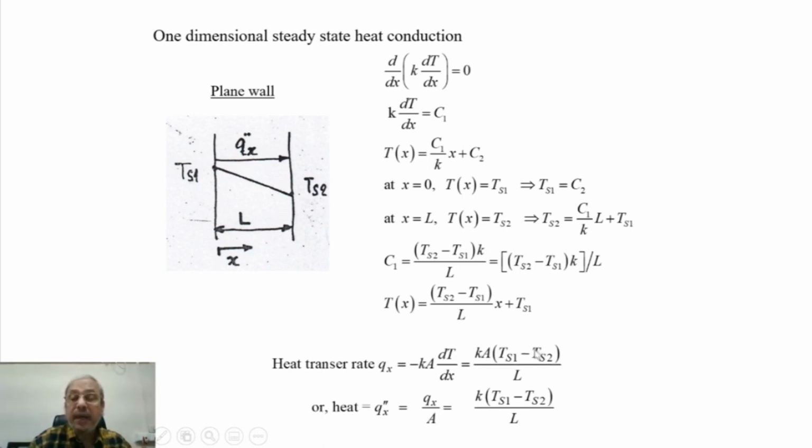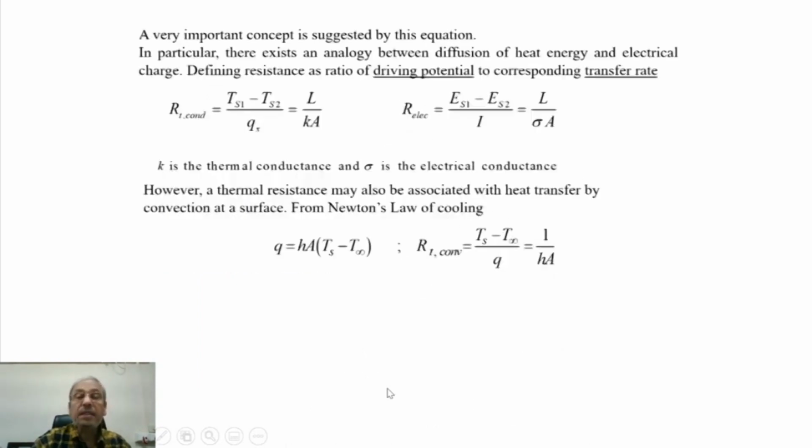So this divided by A means k (Ts1 minus Ts2) divided by L. So this is basically the heat flux. From here, a very important concept is suggested.